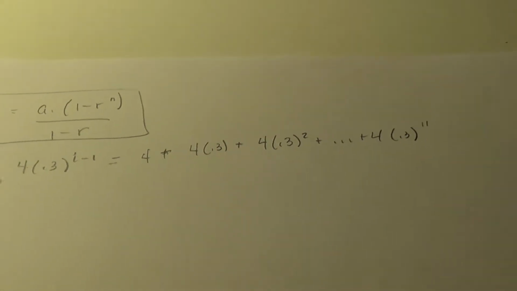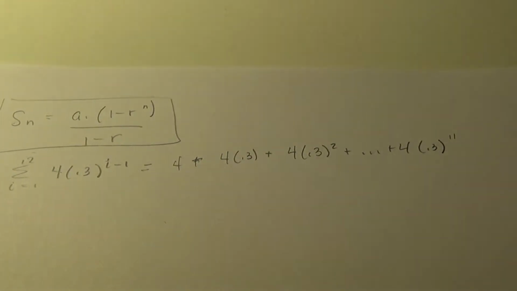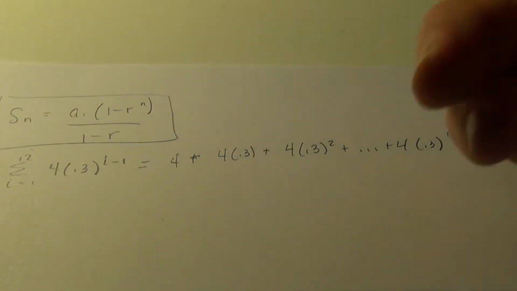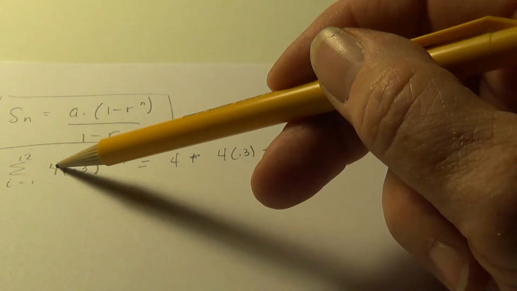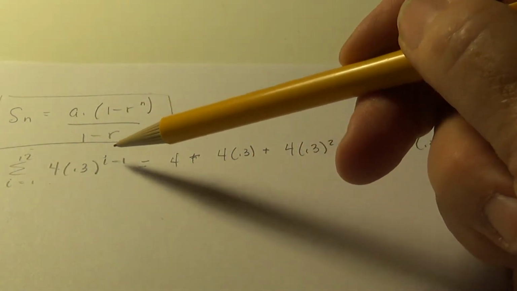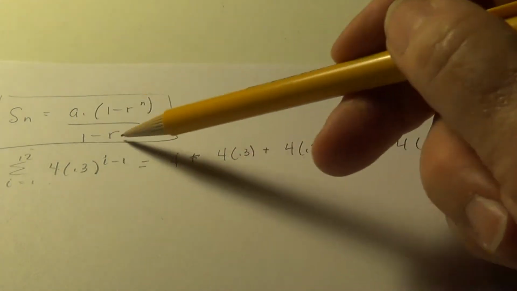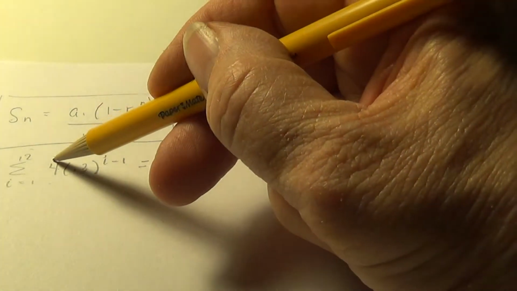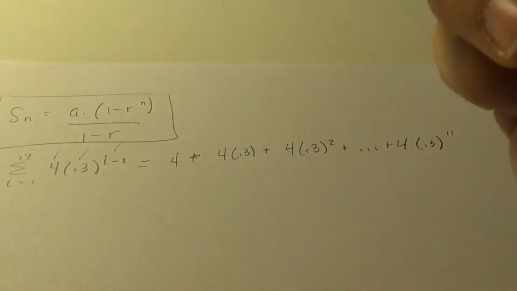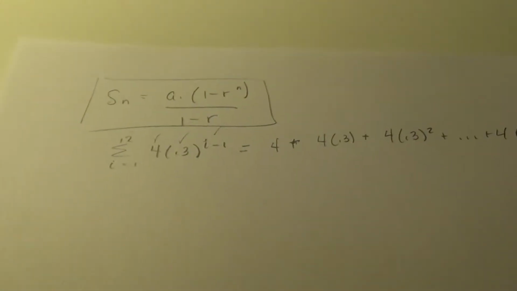So we can see that whole thing. Now that definitely is geometric, and it must be in this form, a times r to the i minus 1, in order to use this formula. And it is. So we check that. Check, check, check.